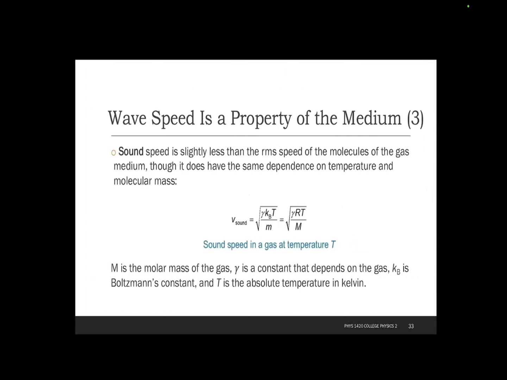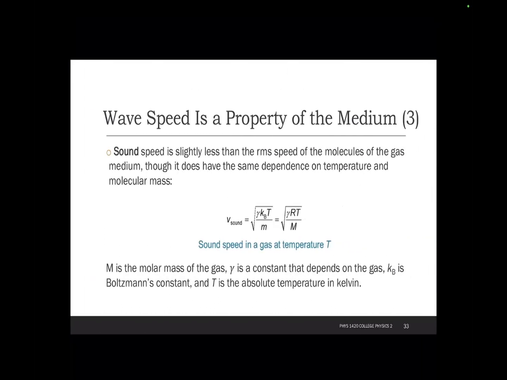Okay, let's continue to talk about the wave speed. Just now we talked about the string wave speed. Here, let's talk about the sound wave speed. Actually, sound speed is slightly less than the RMS speed of the molecules of the gas medium, though it has the same dependence on temperature and molecular mass.